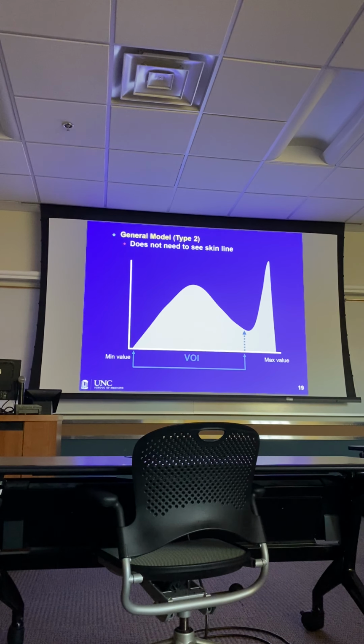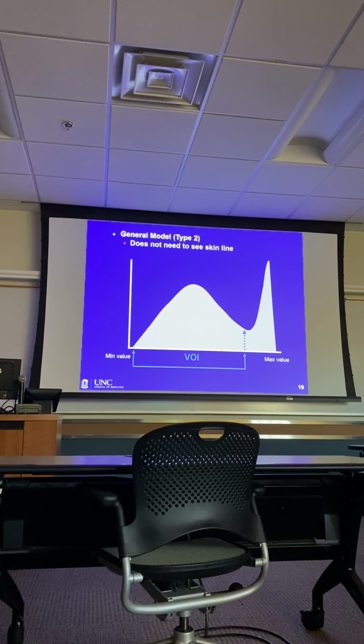With a type 2 histogram model, like for doing abdomens, maybe femurs, chest, when it looks at your data set and compares it to the model, this is what the model looks like. And it is going to drop the value of interest anchor to the left of the skin line. In other words, it's because there may not be a skin line.